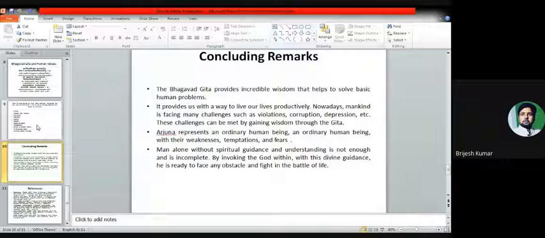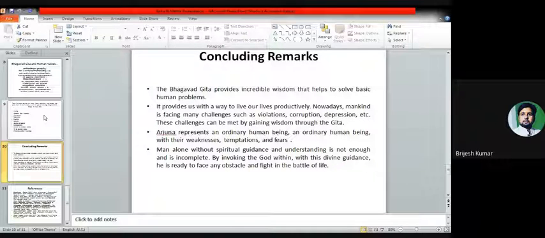In the Bhagavad Gita, Arjuna represents an ordinary human being, with their weaknesses, temptations, and fears. When he bowed his head to dissuade him, he was confused and completely out of his mind, not knowing what to do.